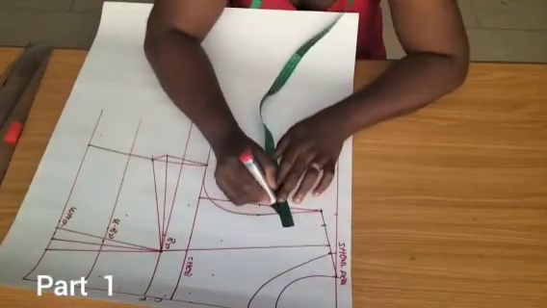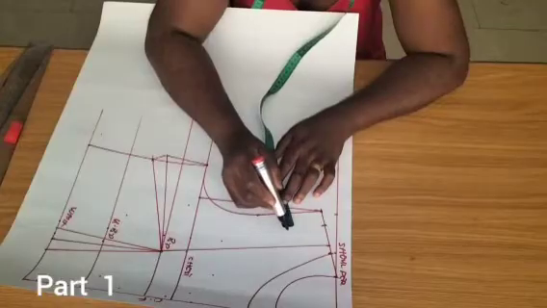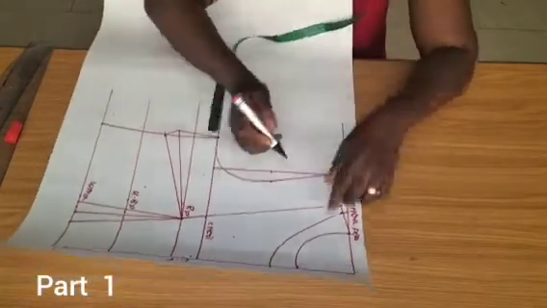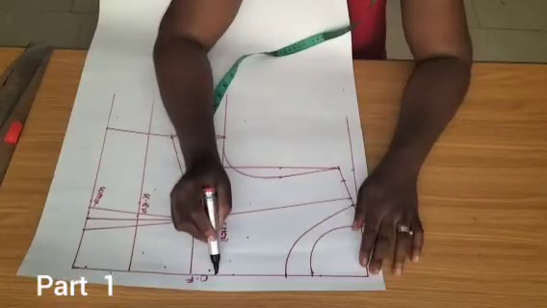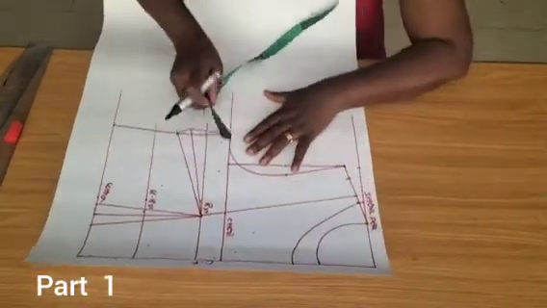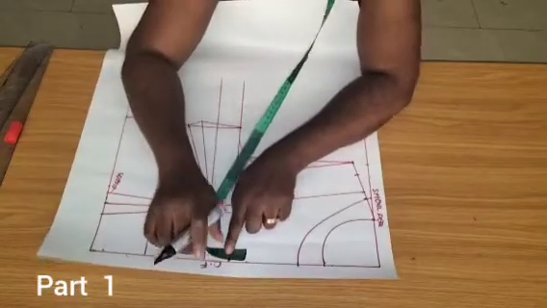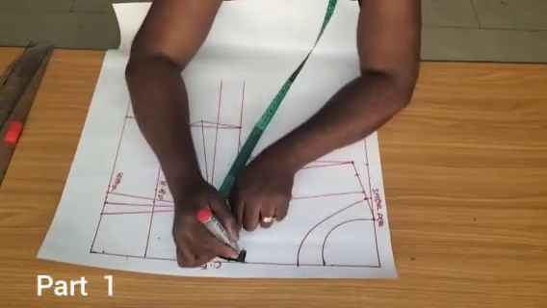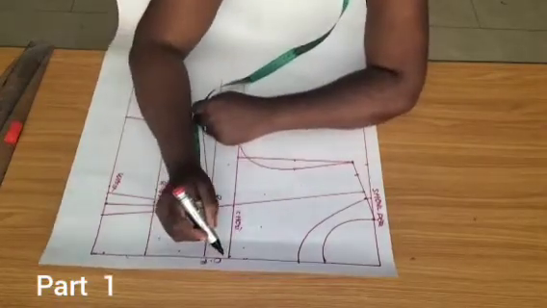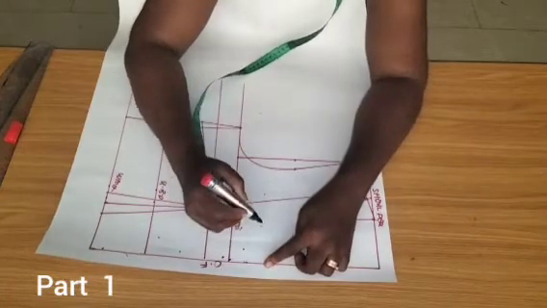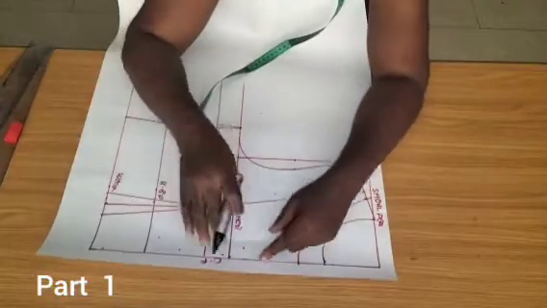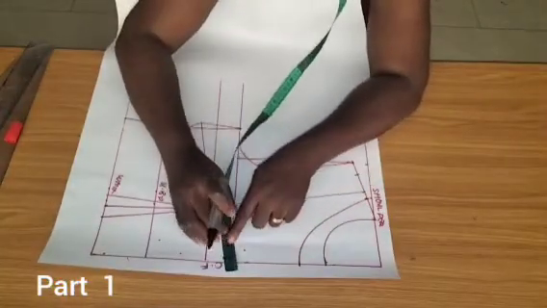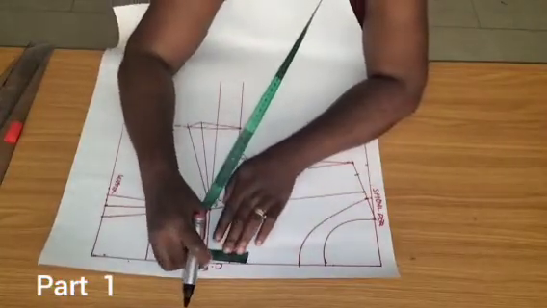I'm also going to come in from here, or I will just freehand it, but my target is to take it all the way to the chest line, or you can come up by 1 inch. I'm trying to avoid the bust point. This is the bust area where the bust is going to sit. I'm just trying to avoid the bust, so after making this dress your bust is not exposed.